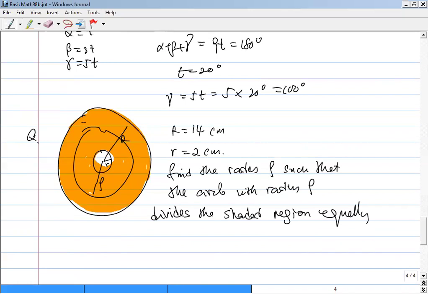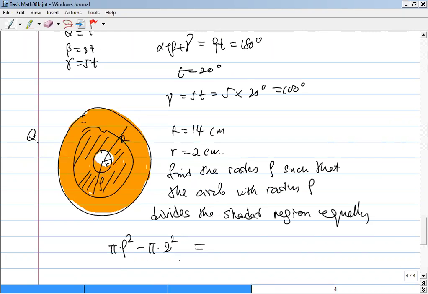I don't know. All right, so just do the calculation. The area of the interior part is going to be pi rho squared minus pi 2 squared, right?